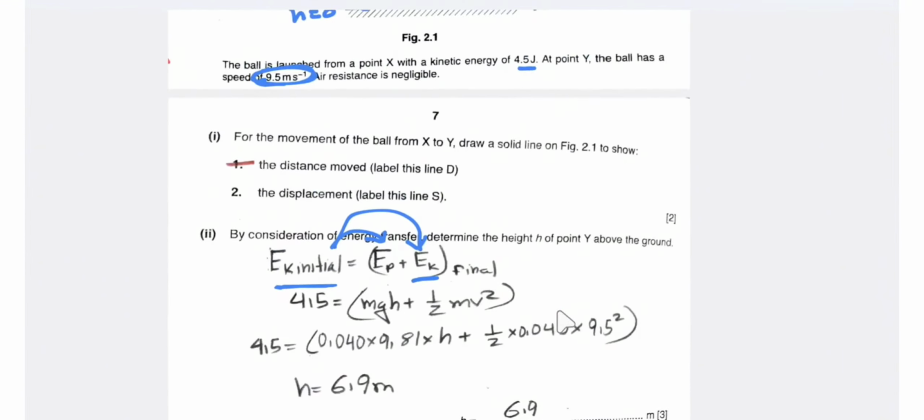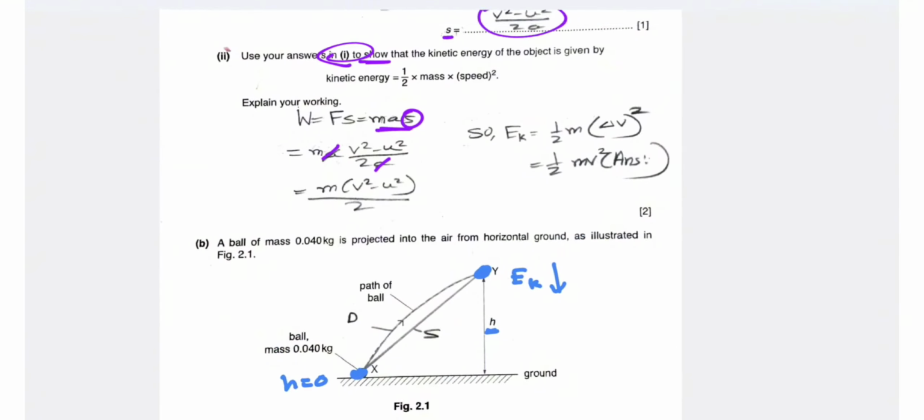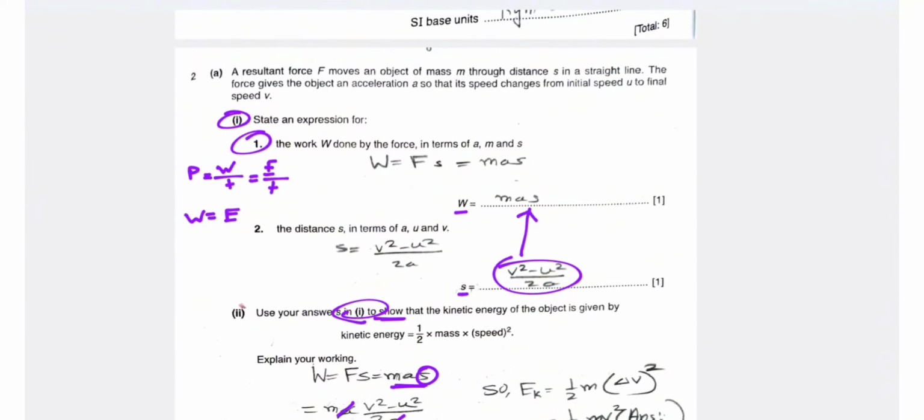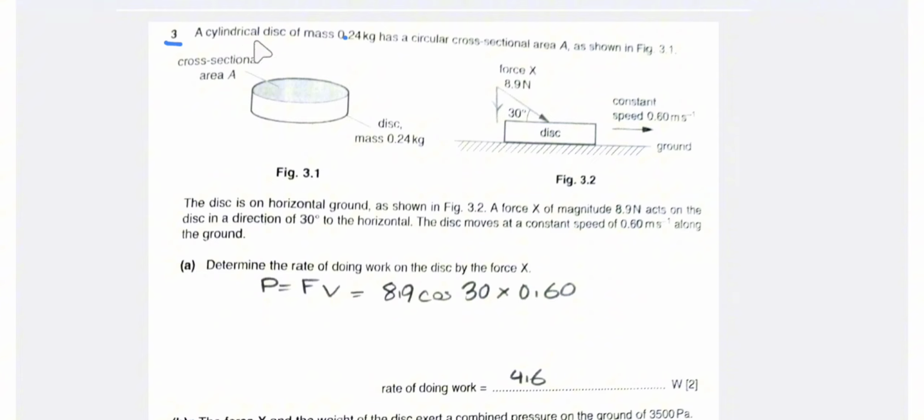Now, question number 3. A cylindrical disc of mass 0.24 kg has a cross-sectional area A as shown in figure 3.1. So this is our disc, and it has a mass of 0.24 kg. A force X of 8.9 Newton is acting like this, at an angle of 30 degrees.